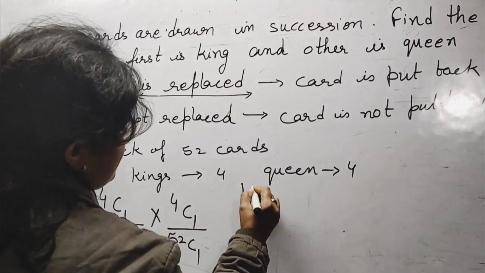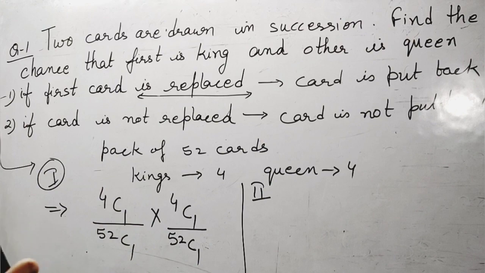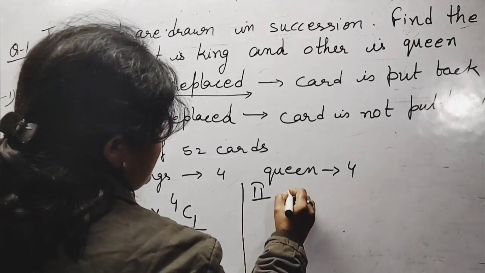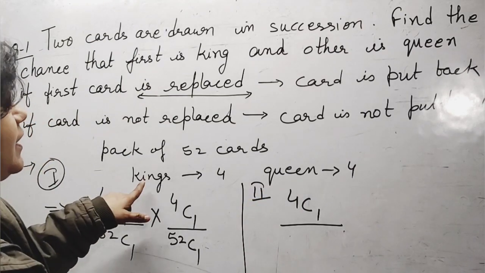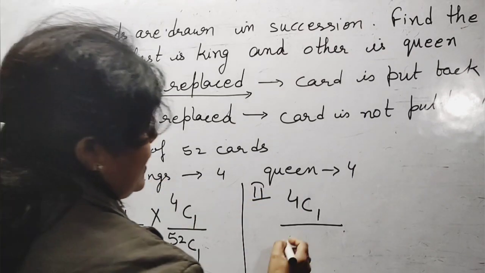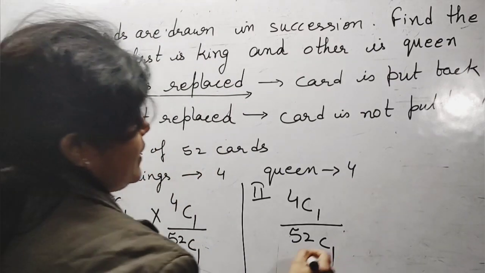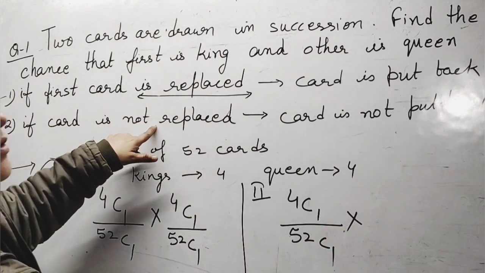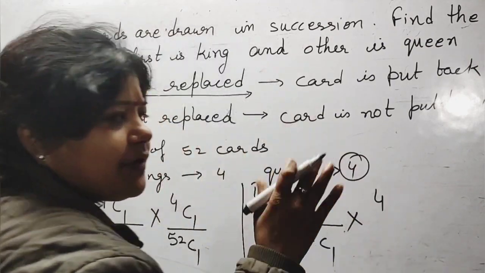Now for the second case, the card is not replaced. That means firstly we have a total of 52 cards and we take 1 card out of that, which is the king. That means there are 4 kings, and here we have 52 cards and we take out 1 card. Now when the card is not replaced, the 4 queens are left in the pack.